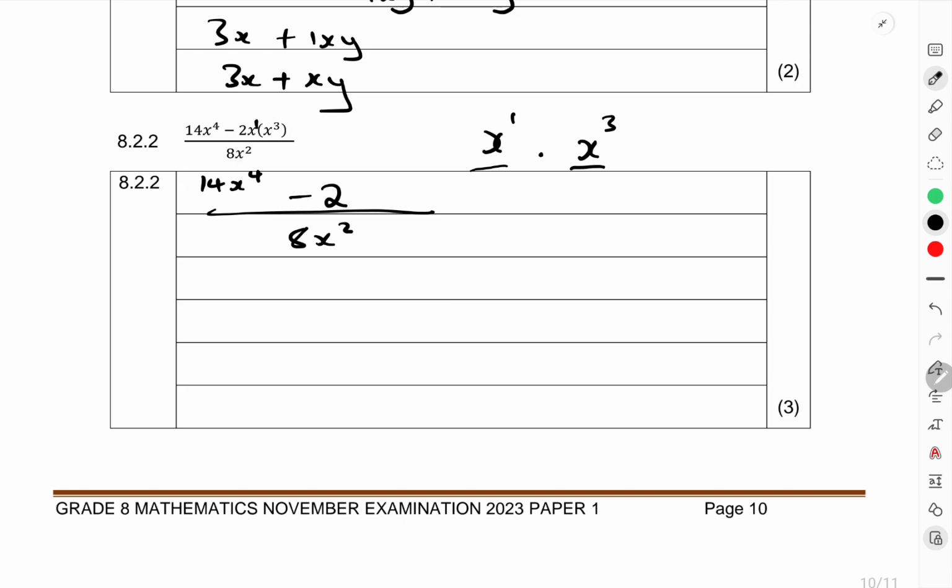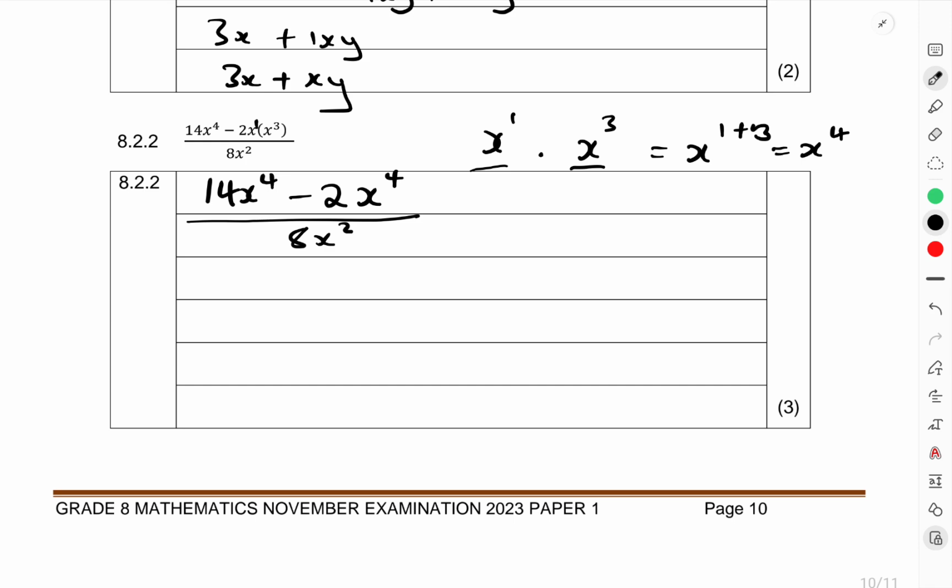This is x to the power of 1 plus 3, which is x to the power of 4. Therefore, here I will have negative 2x to the power of 4. Now I have dealt with the bracket: I have 14x to the power of 4 minus 2x to the power of 4. When I look at my numerator, these are like terms.